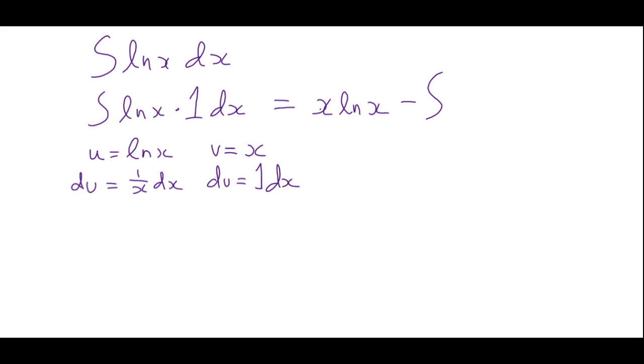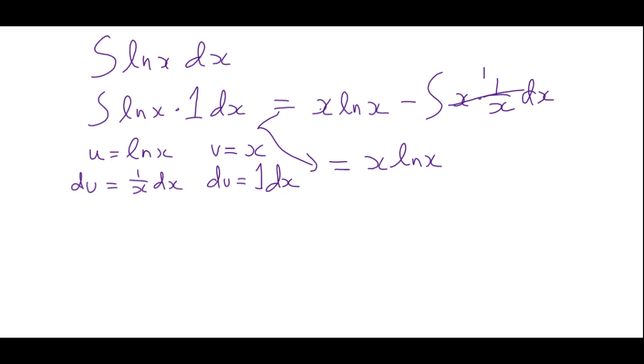and what's the formula say? So it's v du, right? x times 1 over x dx. Okay. So that's x ln x. That's just a 1, right? x times 1 over x.